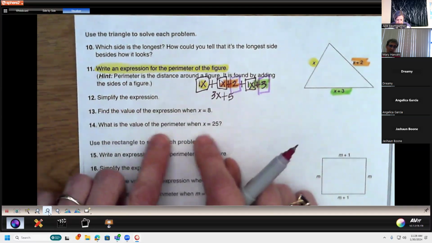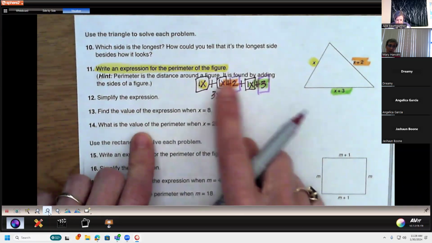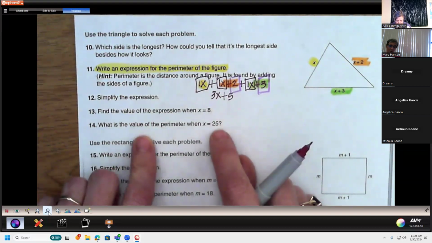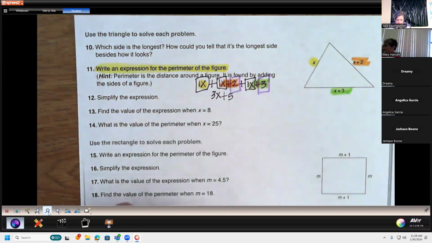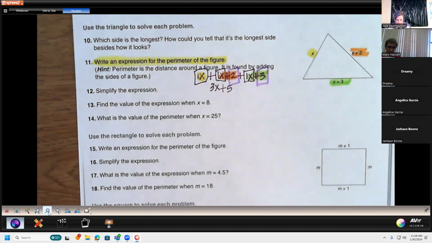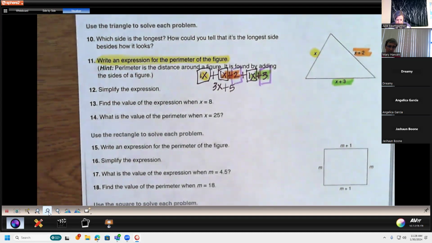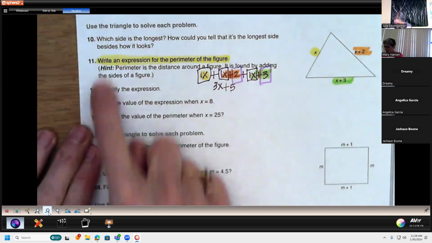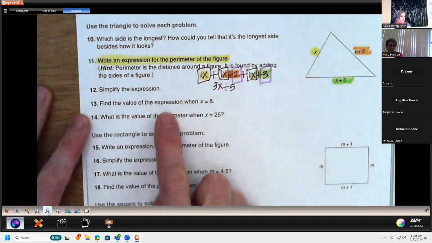And then questions 13 and 14 are going to have you evaluate this expression for different values of x. All right, we are out of time for today. And so again, I would encourage you, math is not a spectator sport. You've got an example here in 10 through 12.